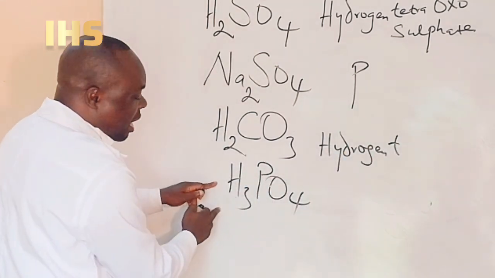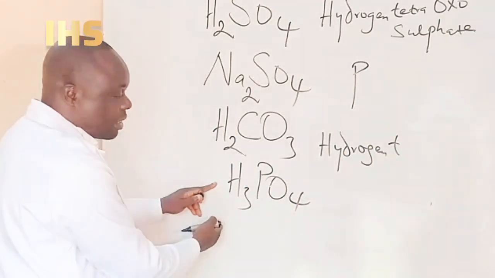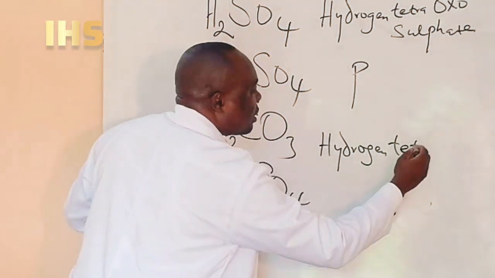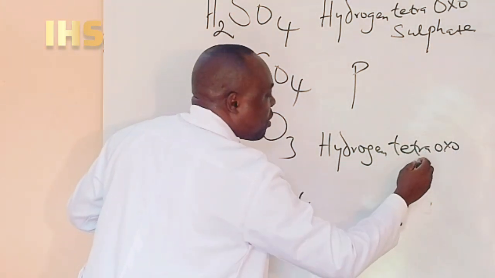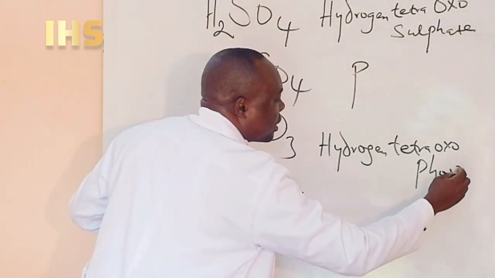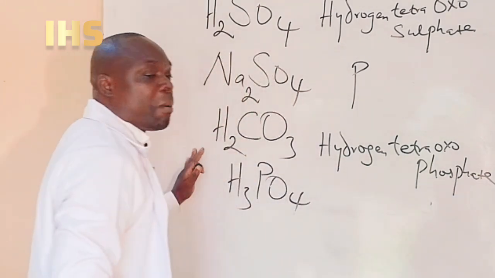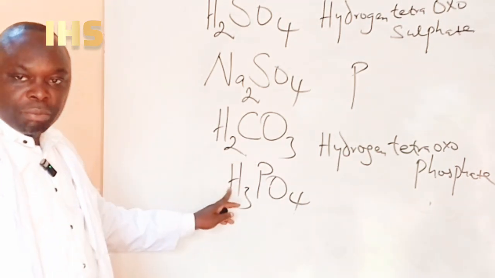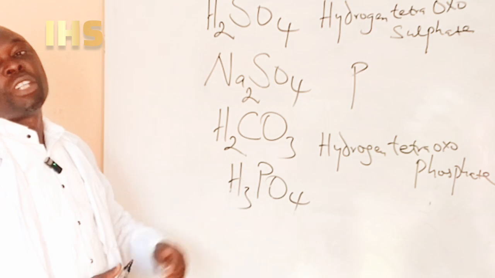You start from here, then you start coming backwards. Hydrogen tetra oxo phosphate. This is a chemical compound containing hydrogen, phosphorus, and oxygen.